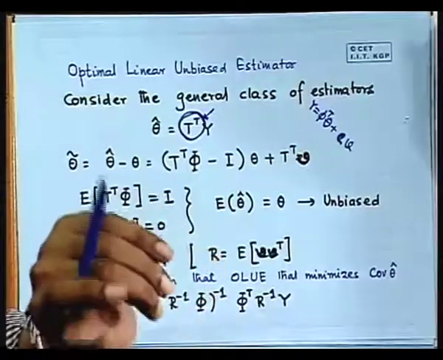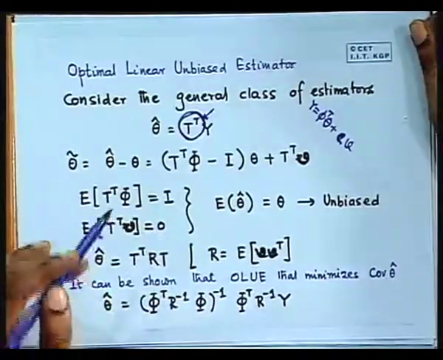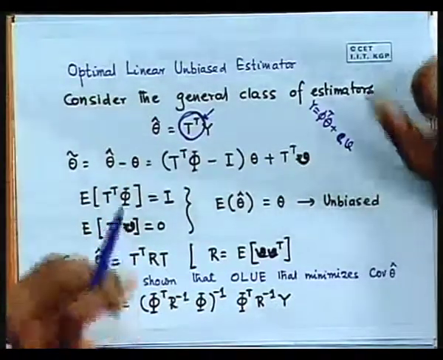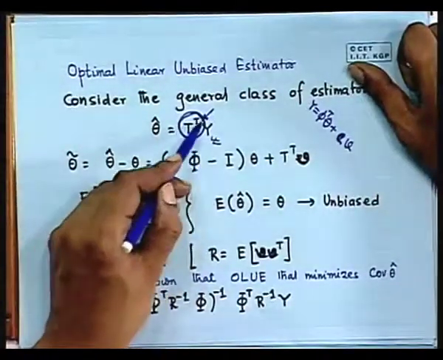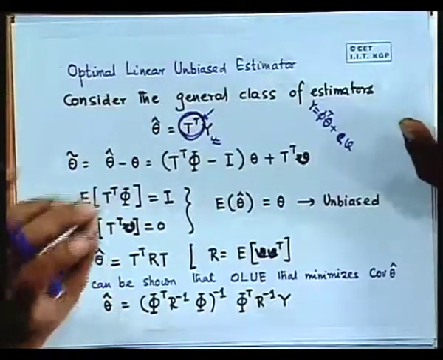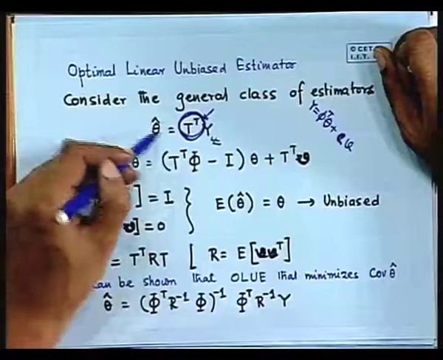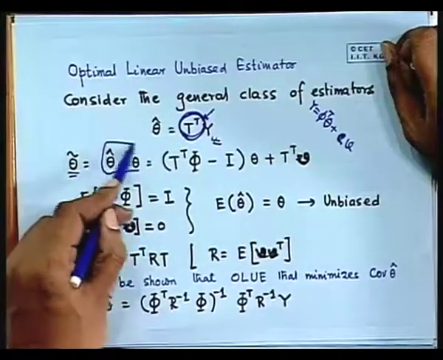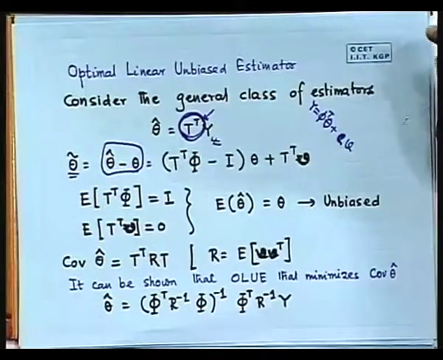So what we are trying to see is that if we construct a general class of estimators which are generated from y in some way, with this T, what this T is I don't know, but what should be the property of T such that if I generate the estimate using this T, then this theta tilde, which is the error between the true and the estimated parameter, will be low?